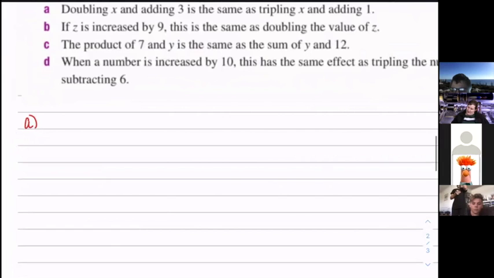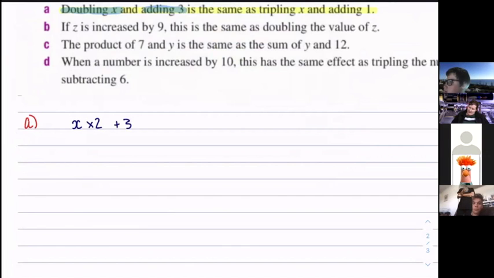So they're saying doubling x and adding 3 is the same as tripling x and adding 1. Well, what do they mean by doubling x? Doubling x is timesing by 2, isn't it? And then they're saying adding 3, so plus 3.